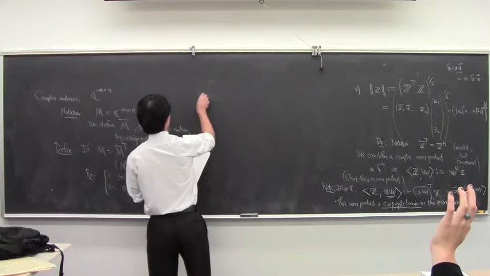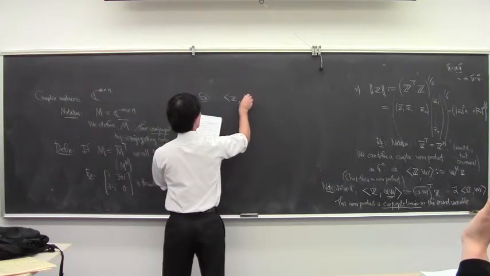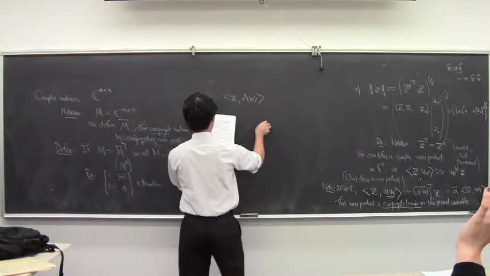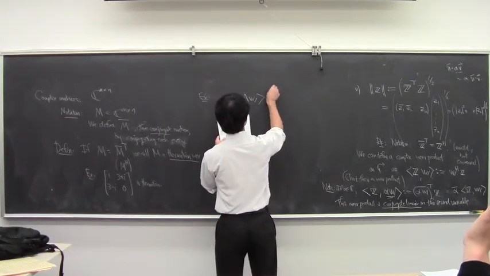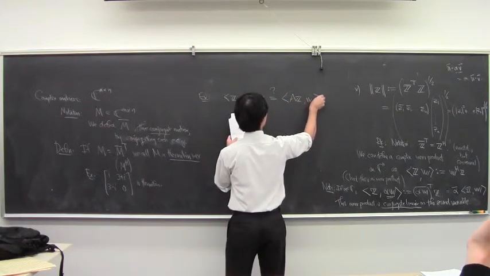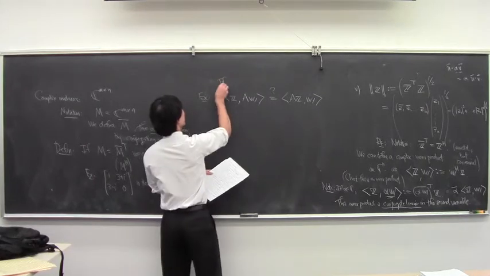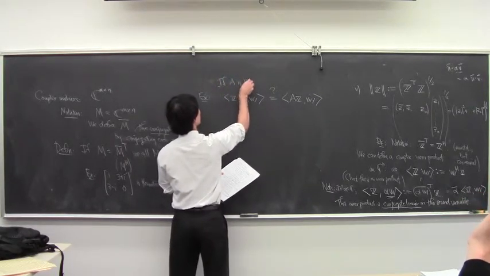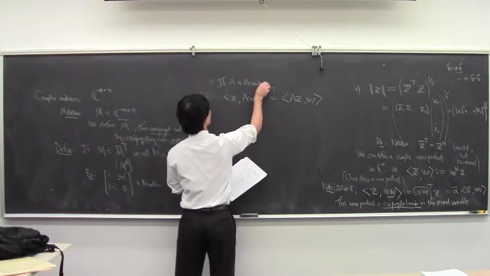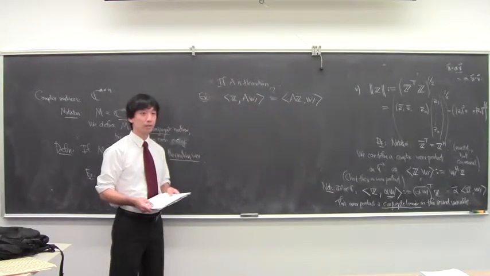And here's an exercise for you to do right now. Show that if A is Hermitian, then the inner product of AZ with W equals the inner product of Z with AW.